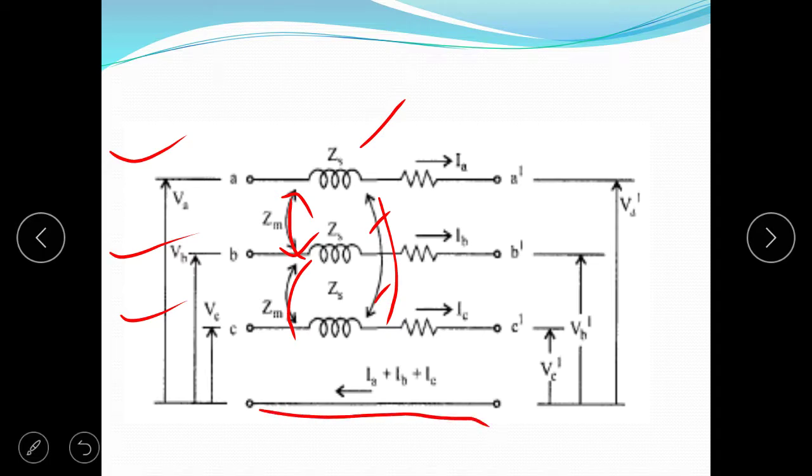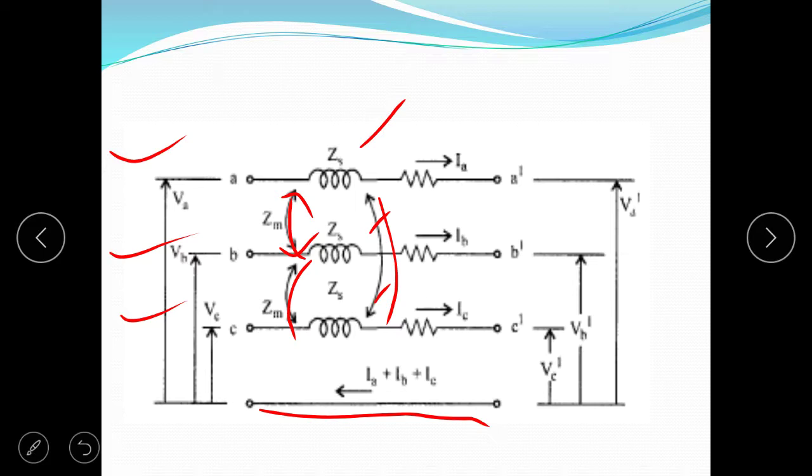In the neutral, the current is IA plus IB plus IC. The current in phase A is IA and the voltage is VA, in phase B the voltage is VB, and in phase C the voltage is VC.